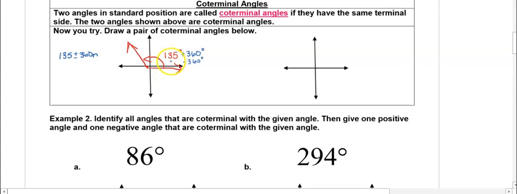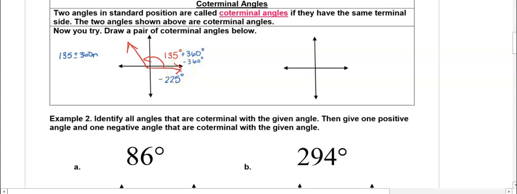For example, to be very specific, I could say I have 135 degrees minus 360 degrees, and 135 minus 360 gets me negative 225. So negative 225 degrees would be a coterminal angle to 135 degrees.